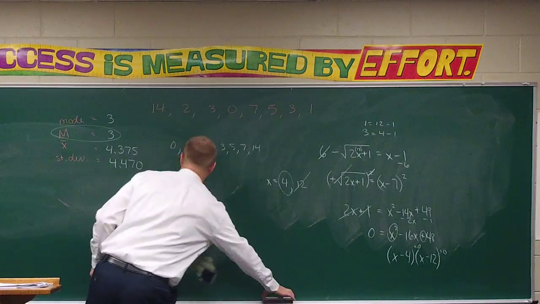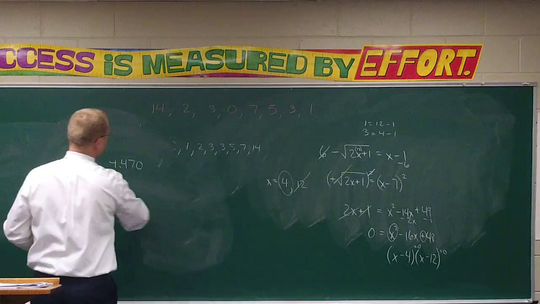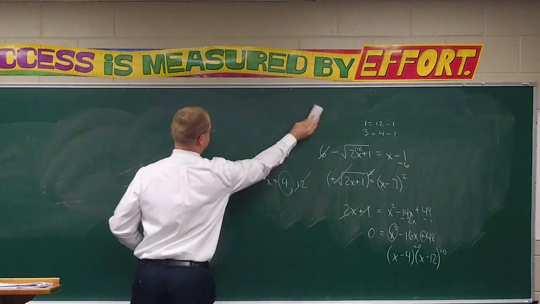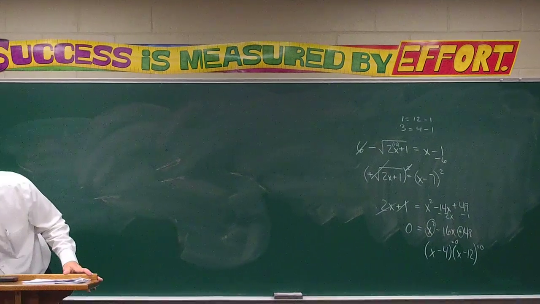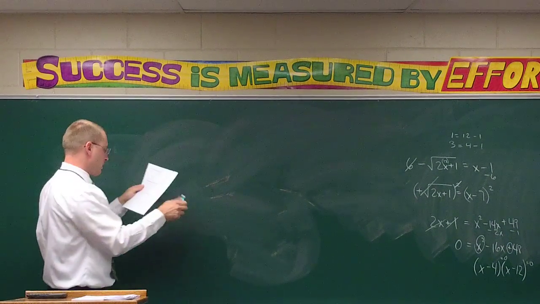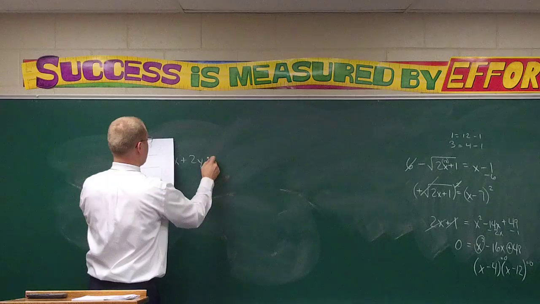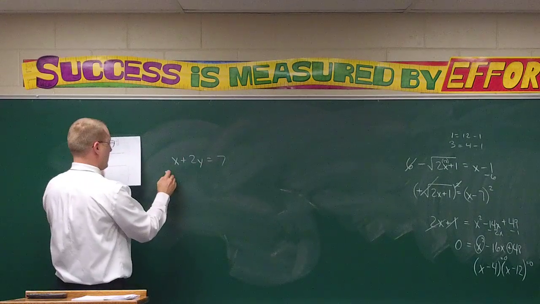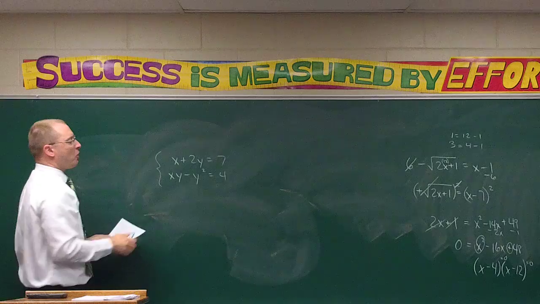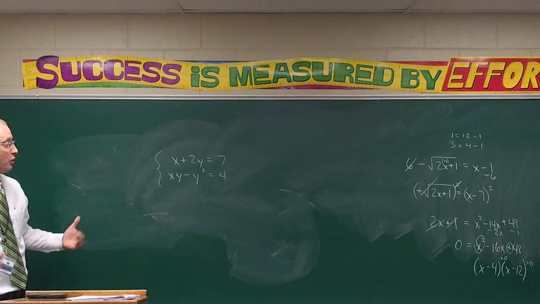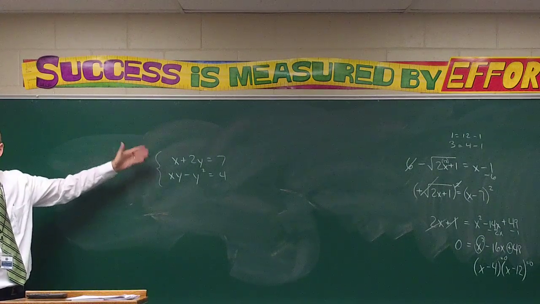Yeah, so remember when a system has a quadratic in it, normally you're not going to be able to solve by the addition method. You've got to substitute. So here on number 11, x plus 2y equals 7. The xy minus y squared equals 4. We've got to manipulate the easier equation. Which one's easier, top or bottom?